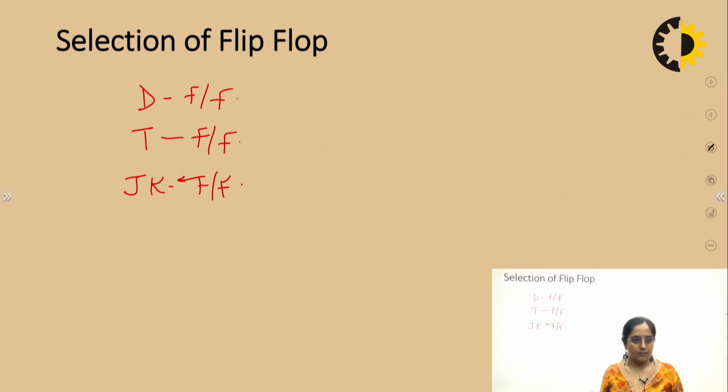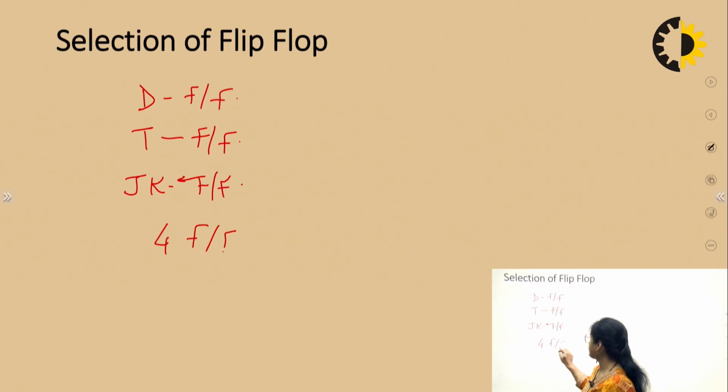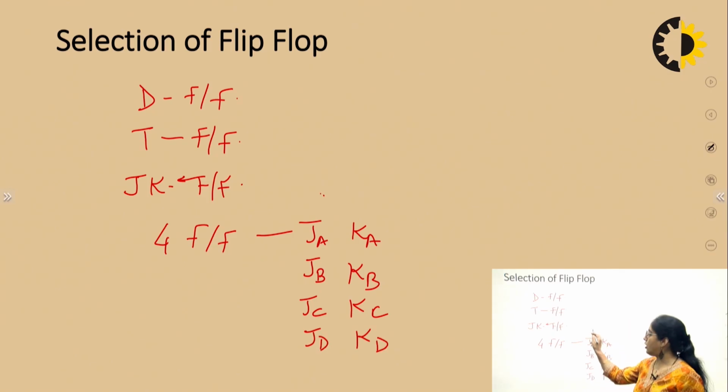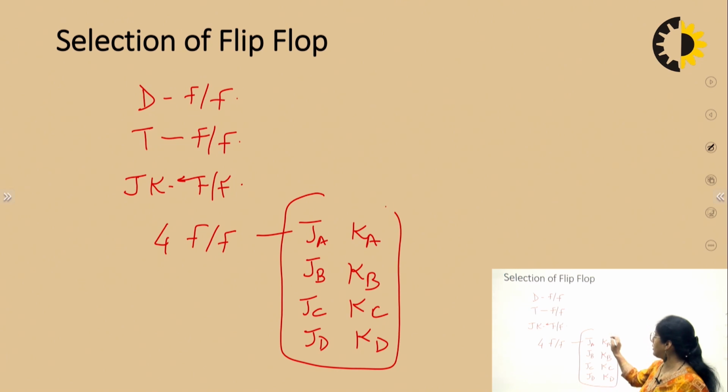As we require 4 flip-flops, I have to find JA, KA, JB, KB, JC, KC and JD, KD, which means 8 input equations.